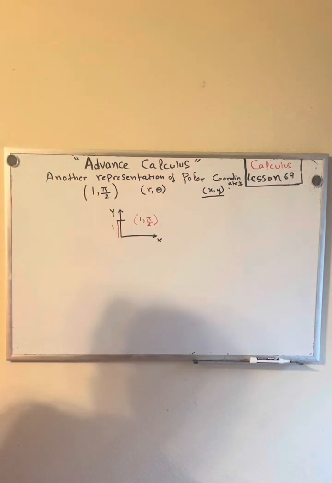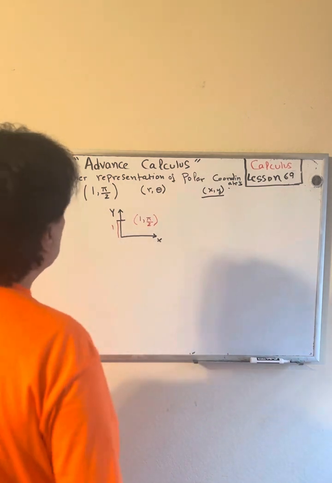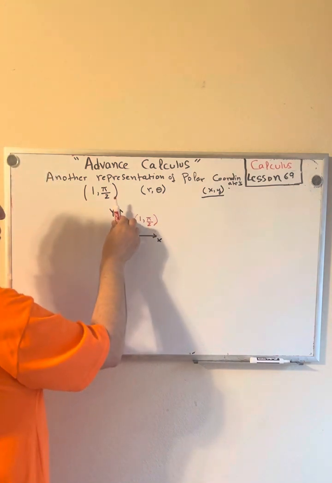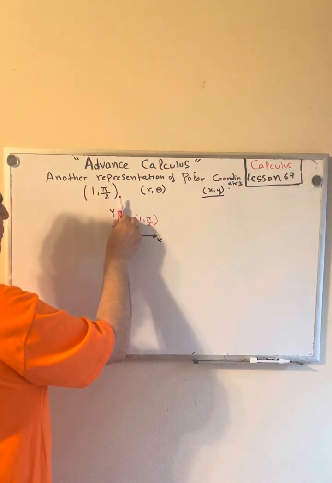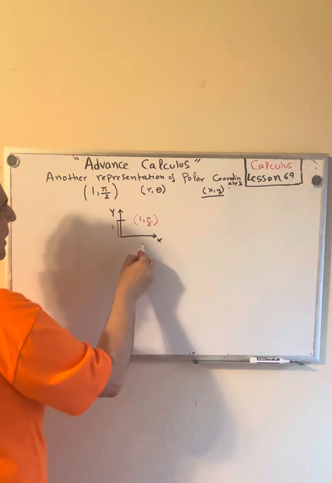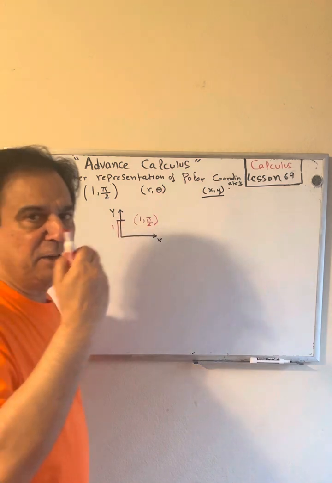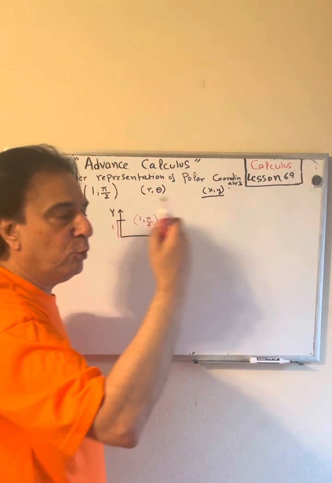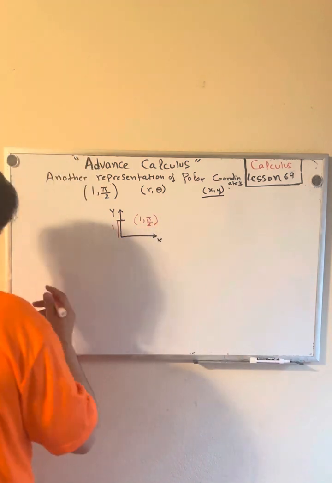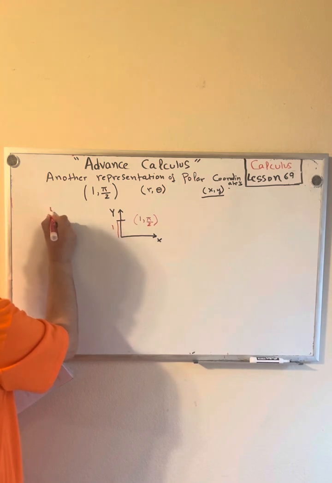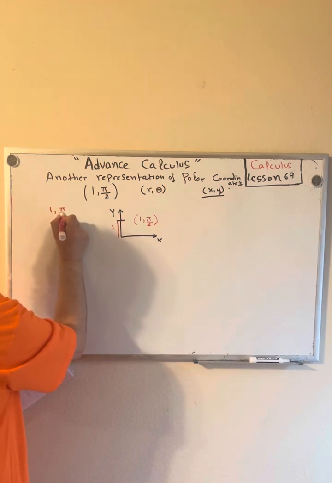Now, the question is, can we represent this in another way? Yes, we can. If you recall from our last lecture, what I told you is that if you have right here and you go around and you come back, you can add 2 pi. You go around and come back again, you can add 4 pi, okay? So one way of representation is 1, pi over 2.